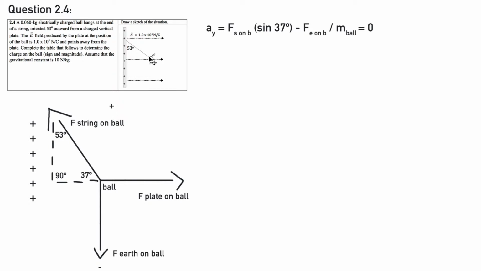The ball is staying in the same exact place, so the acceleration is 0. We can multiply the mass of the ball to the other side, and that just takes it off. Then we can add force of the earth on ball to the other side as well.